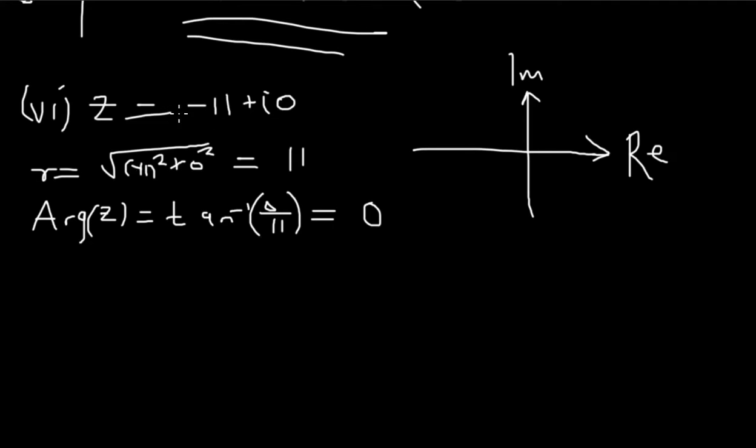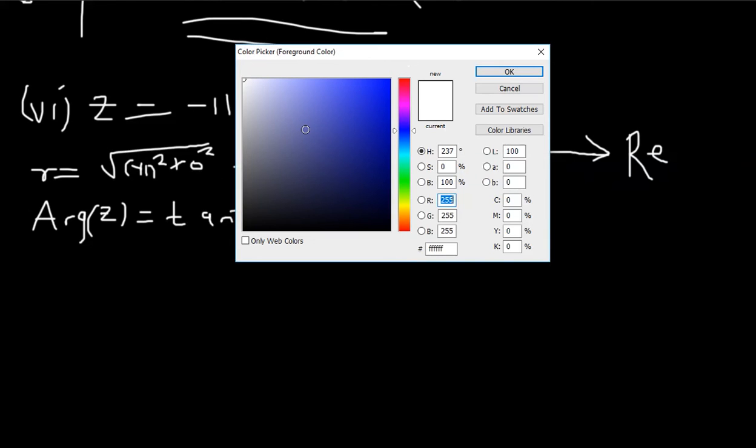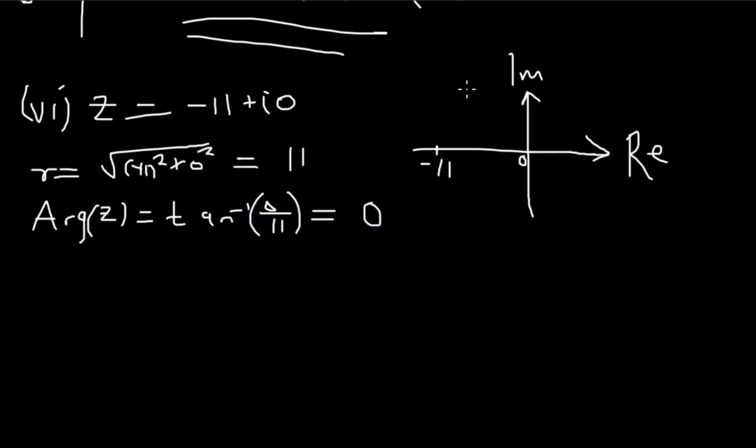Negative 11 is going to be somewhere here since it's on the x axis, so negative 11, comma 0. My 0 will still be on the same line. So my complex number will be in this direction. This is my complex number z.